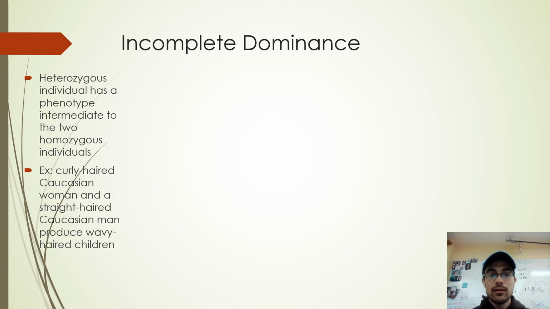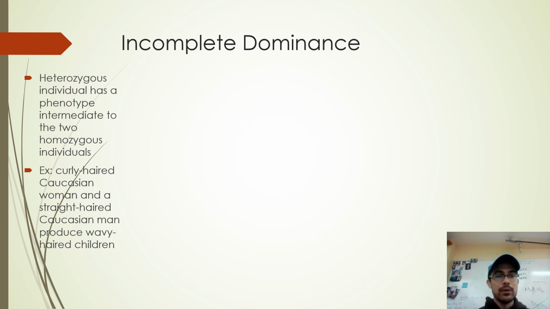Again, you do have different notes in your sheets. I'm just going to key on a couple important things here. With incomplete dominance, basically a heterozygous individual has a different phenotype than that of a homozygous dominant and a homozygous recessive individual. The phenotype that they display is somewhere in between the two.